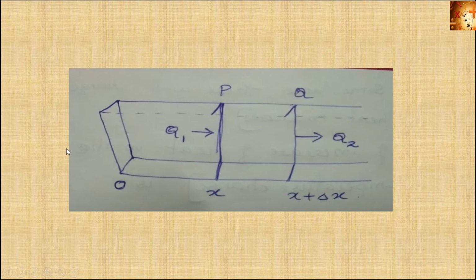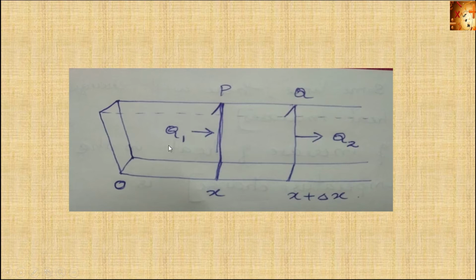Let's see. This is the figure for deriving the heat equation. This is a solid homogeneous rod with starting point O. We are considering a particular slab, that is PQ. Here we are going to heat this surface at O, then heat flows through this rod in this direction, because heat flows from higher to lower temperature.